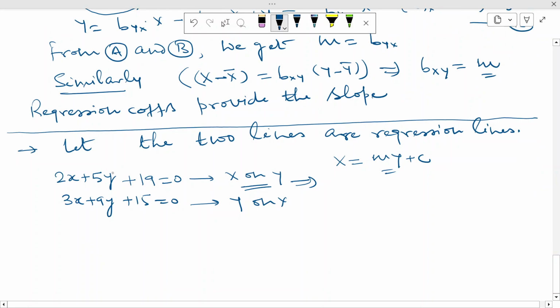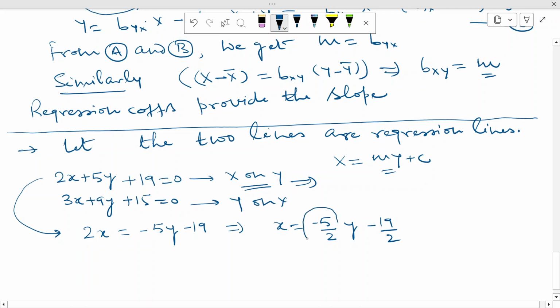We are just transferring these two terms towards the right. So from here we will obtain 2x is equals to minus 5y minus 19, which further gives you x is equals to minus 5 by 2y minus 19 by 2.